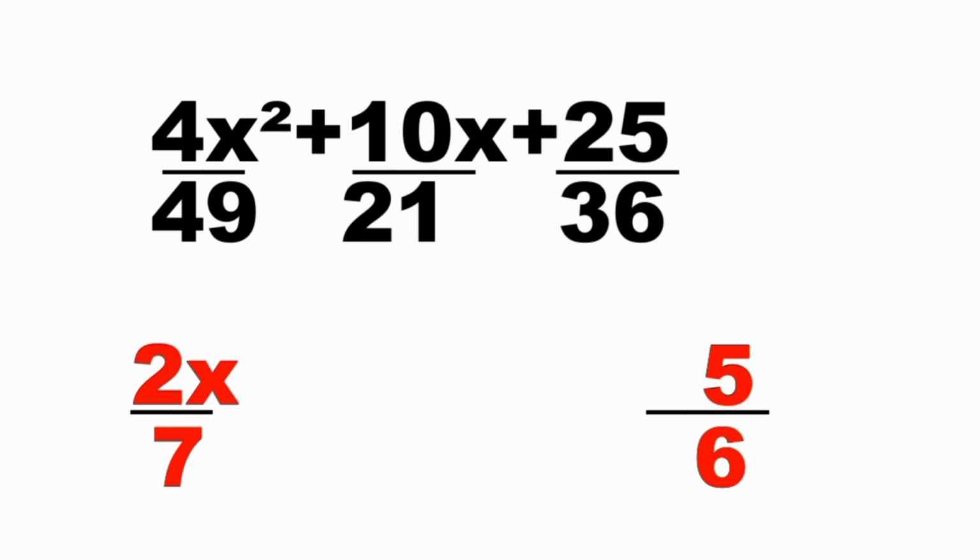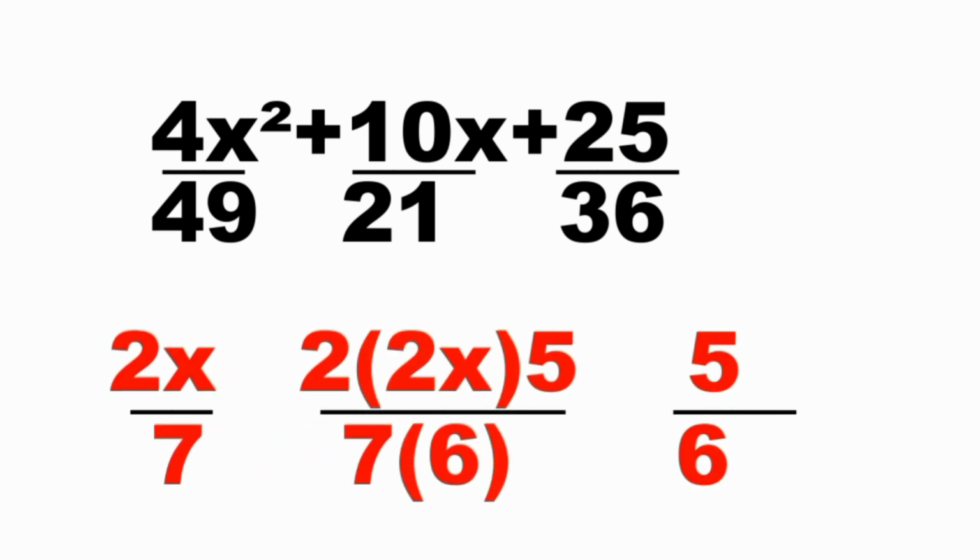So the twice the product, we have 2 times 2x times 5 over multiplying the denominator 7 times 6, but we can factor 6 as 3 times 2, and the 2 in the numerator and the 2 in the denominator cancel out as 1.